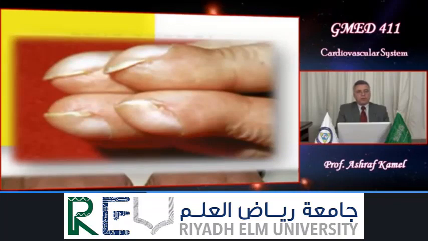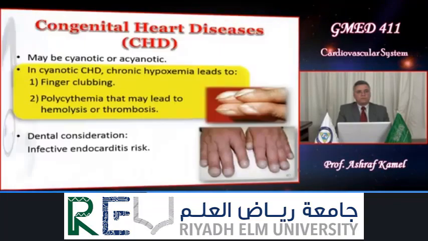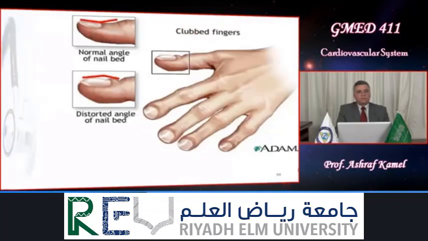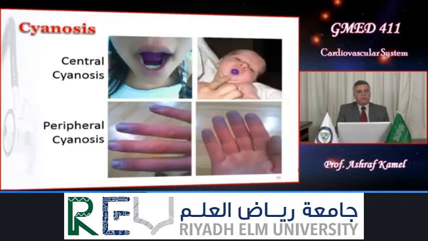This is the picture of finger clubbing. Clubbing of the finger is hypertrophy of the soft tissue in the nail bed as a result of chronic hypoxia, as you can see in the picture. And in these pictures, cyanosis.